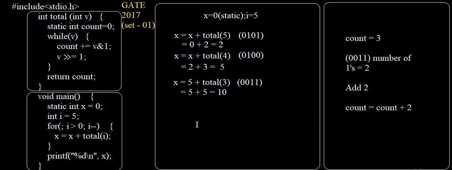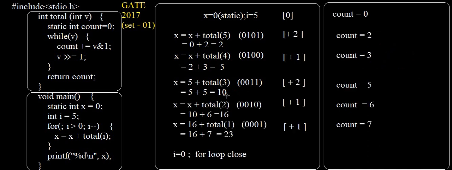In this way you can solve this problem completely. After I is decremented by 1, if I becomes 2, total of 2 becomes 6, because previously the count value of total of 3 was 5, and 5 plus 1, because number of ones is 1, the count becomes 6. 6 plus 10 becomes 16, and in the next iteration I becomes 1 because of decrement, and total of 1: initially the count was 6, and 6 plus 1 becomes 7, because number of ones is 1. 7 is added to 16 and becomes 23.